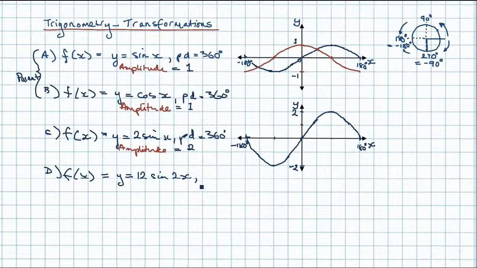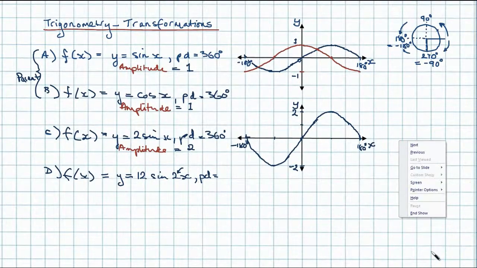First thing we need to ask is, what's our period going to be? Our period so far for the sine function has been 360, and you can guess that this time this is going to distort that period. Why is it going to distort it? Let's think about this for a moment.